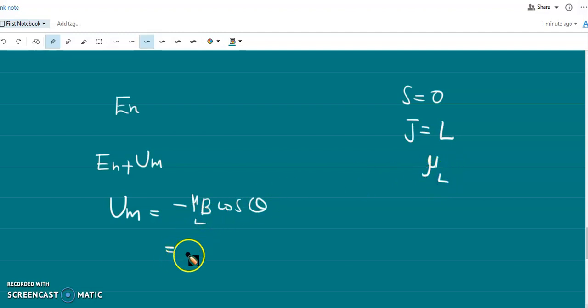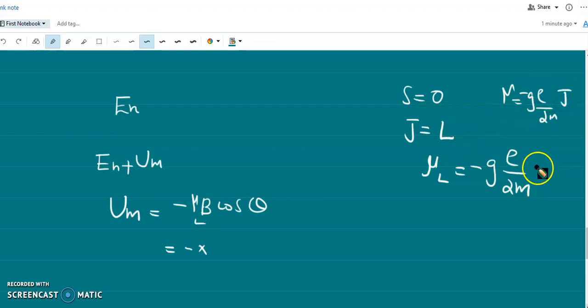So minus mu L is equal to minus g e by 2m into J. Here J is equal to L alone, and we have already seen that when J is equal to L alone, g is 1. The Landé factor for orbital motion is 1. So this is minus e by 2m into L.